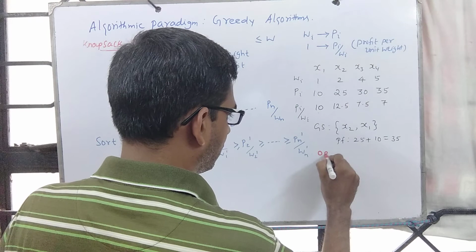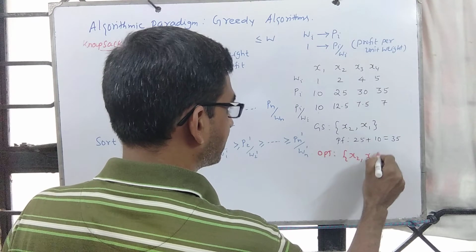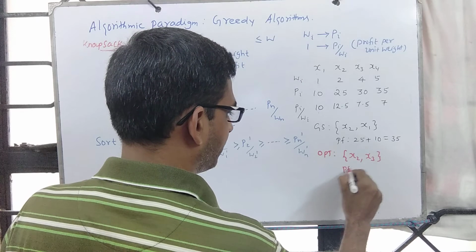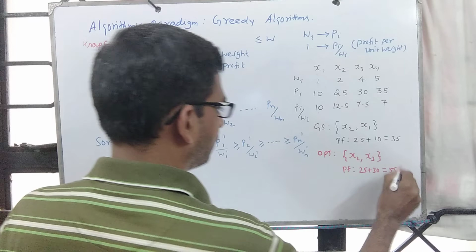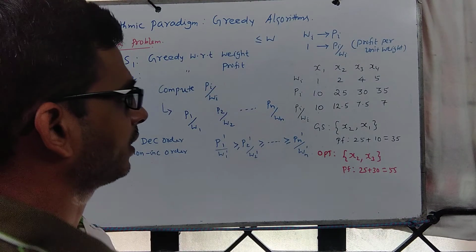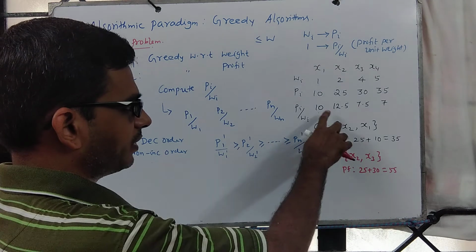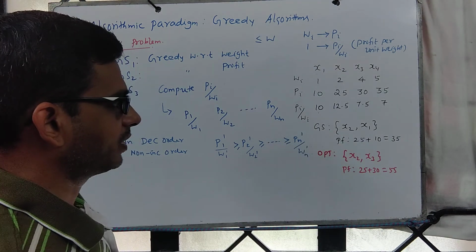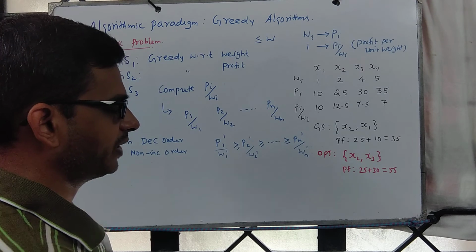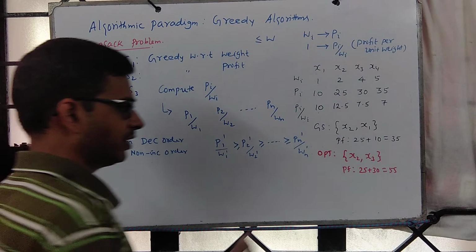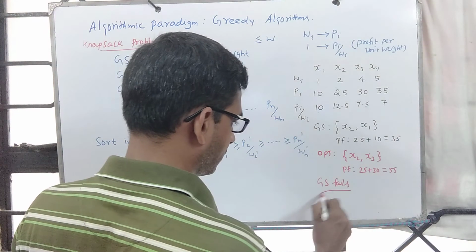Opt is x2 and x3, and profit earned is 25 plus 30, 55. Correct? So as you can see, picking max Pi by Wi, second max Pi by Wi is not giving opt always, so greedy strategy fails.